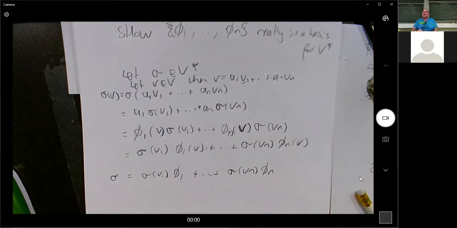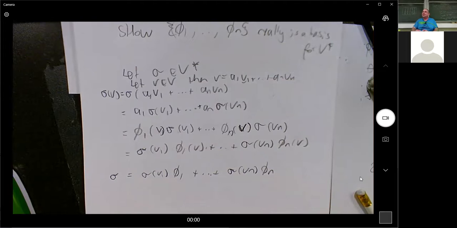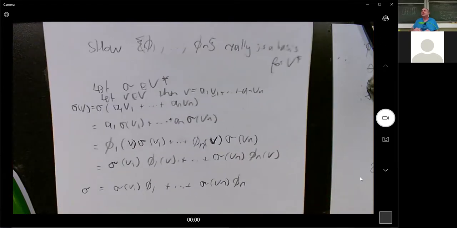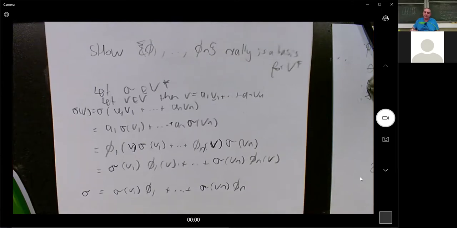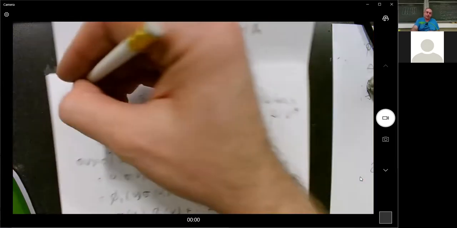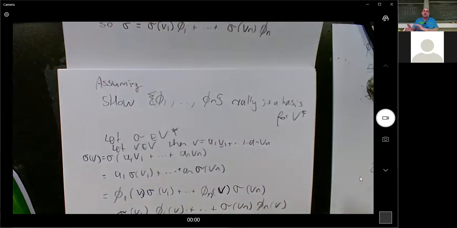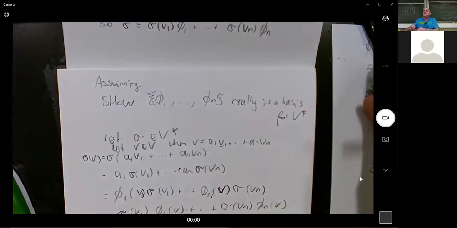And actually, it's the only linear combination it could be, and therefore they must be a basis because everything has a unique representation. Yes, you have to start with that. So you have to start, assuming. But you needed v1 up to vn to be a basis in order to define phi 1 up to phi n in the first place. Yeah.